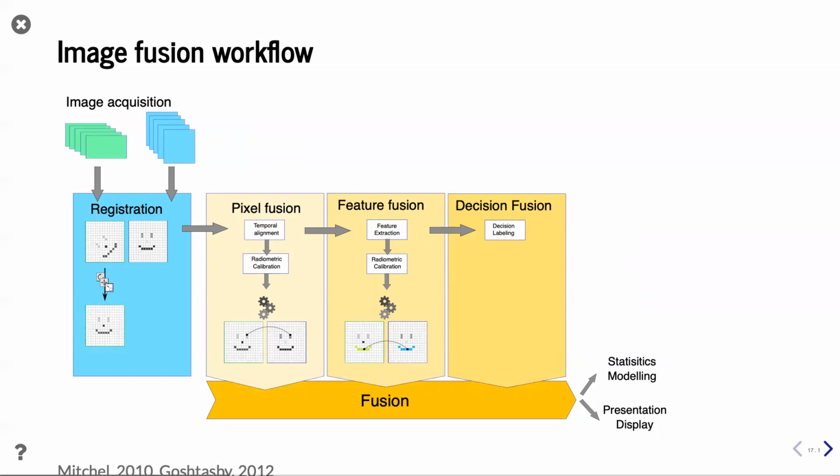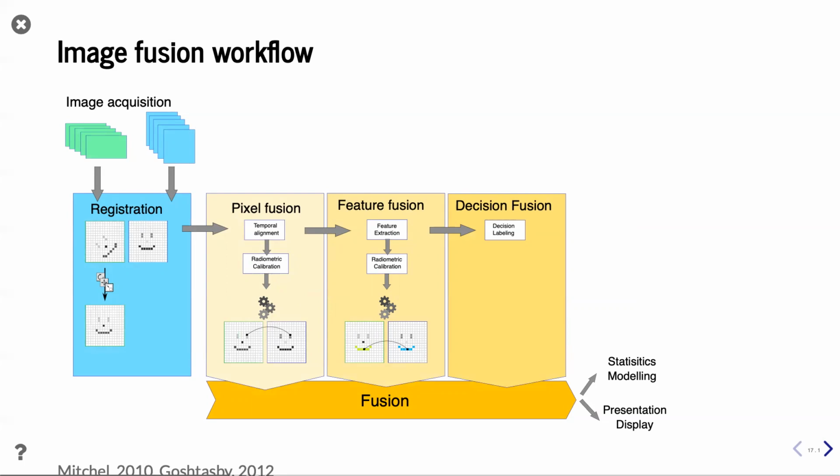Then we go on to pixel fusion, where we fuse pixel to pixel. And once that is done, we can go on to feature fusion. And there you can see that you have identified different features here. The mouth here is green and the one is blue. And you want to make some combination out of those.